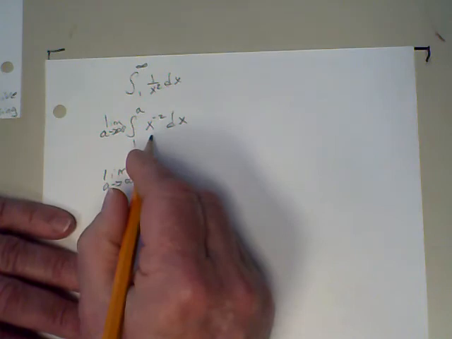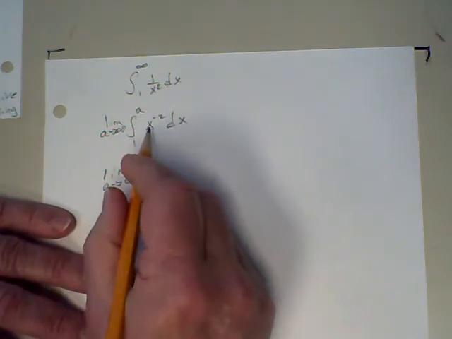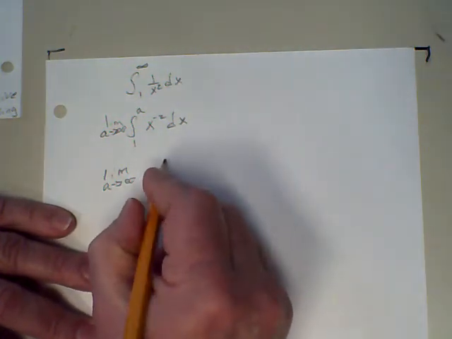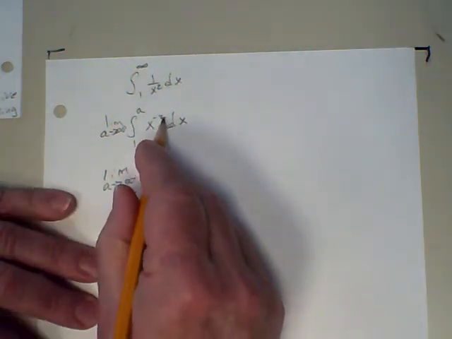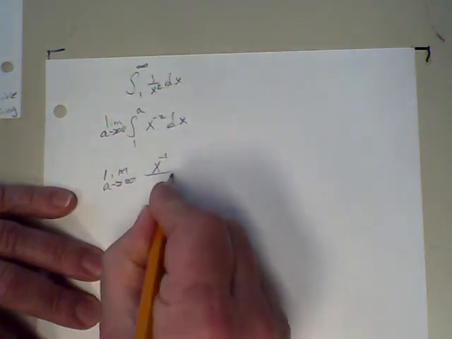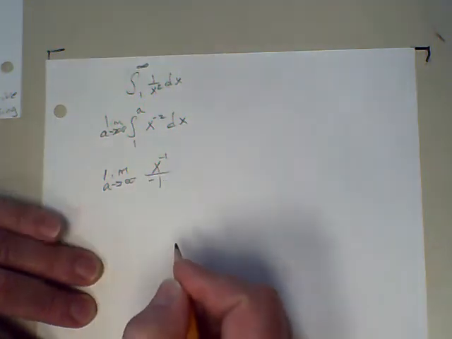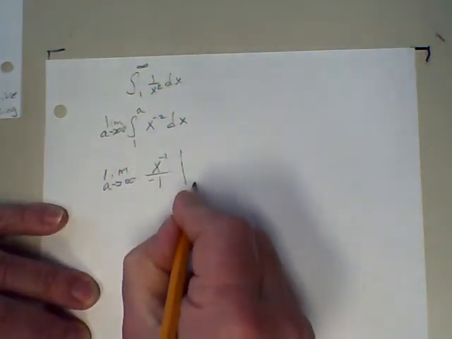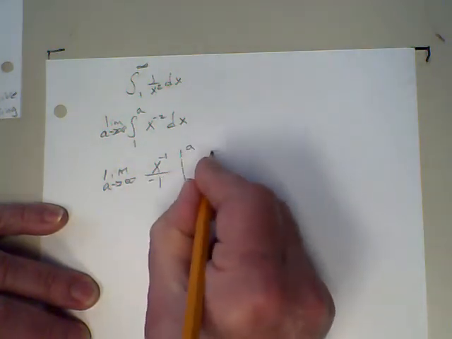And now when we integrate x to some power, we go to one higher power and we put it over that higher power. So x to the negative 2 is going to go to x to the negative 1 over negative 1. And I think I'm going to rearrange this a little bit before I do my evaluation.